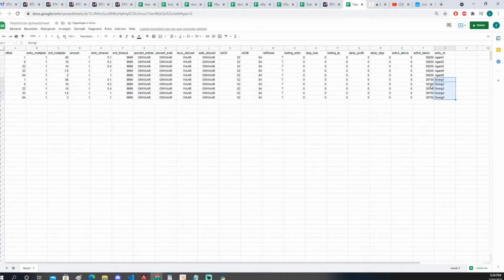They're allowed to buy below 38.7K using pretty much the same logic as the first agents. Those were allowed to buy up to 39.2K, and these are below 38.7K.